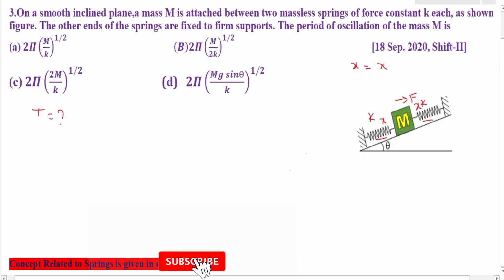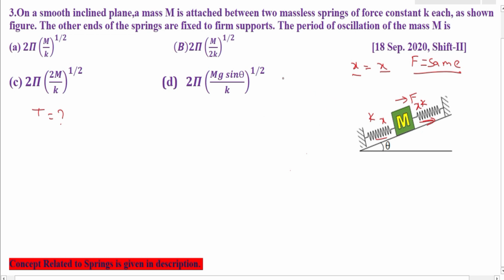The other point is, the amount of force exerted on this spring, which is used for compression, will be equal to the amount of force exerted on this spring, which is used for elongation. That means both forces are same.